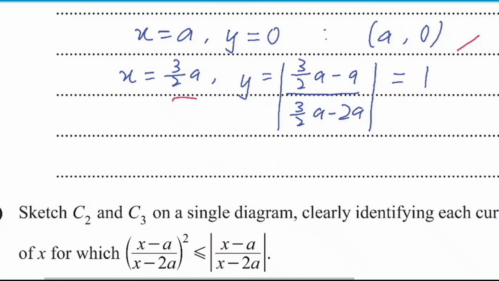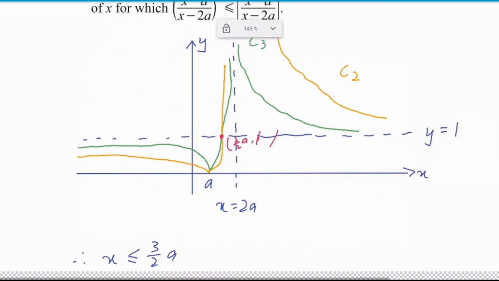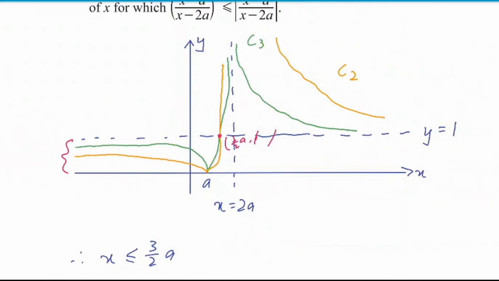The other intersection here is at (a, 0). Why do we have (a, 0)? Because if the original C3 is 0, C2 should be 0 as well, because we square the 0. So this is why they have this intersection here. Then we look at C2 and C3 for the part where y is between 0 and 1. C3 should be higher than C2. Imagine a value, let's simply say 0.5 on C3.